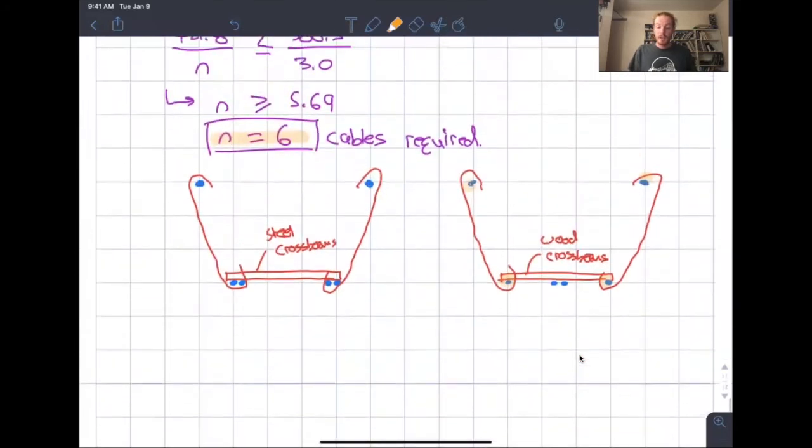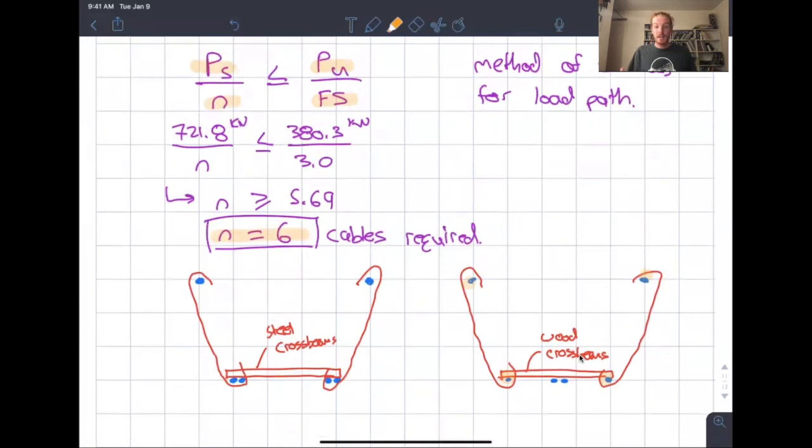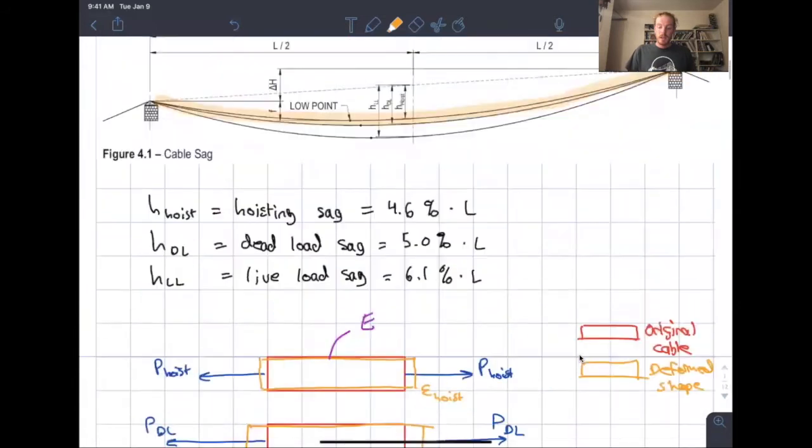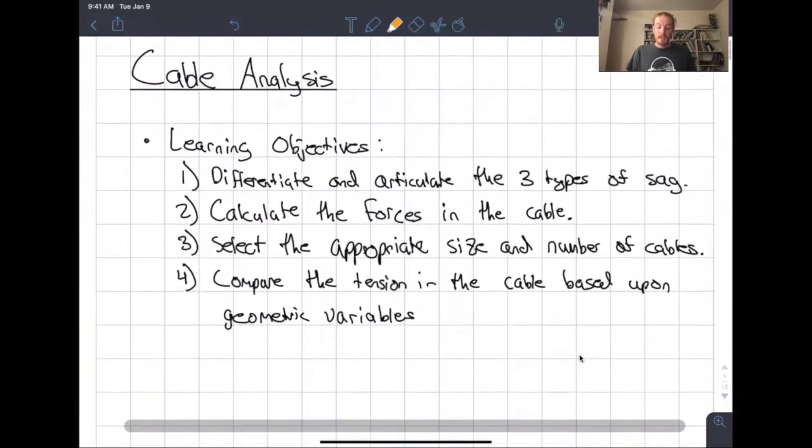All right, so we've gone through and designed the number of cables and the configuration of our bridge based upon our cable analysis. I also want to scroll all the way back up and just revisit our learning objectives for the cable analysis section. So by now, you should be able to differentiate and articulate the 3 different types of sag.